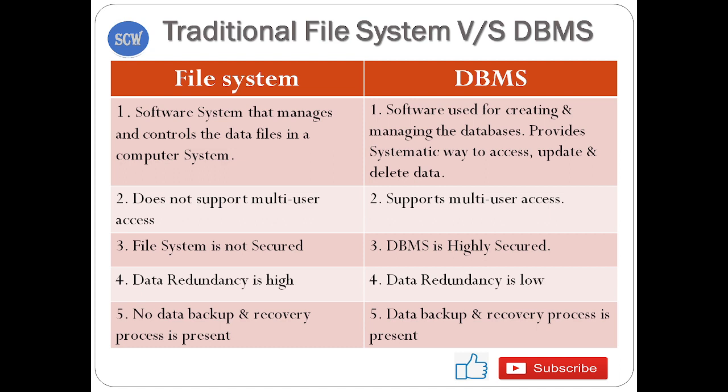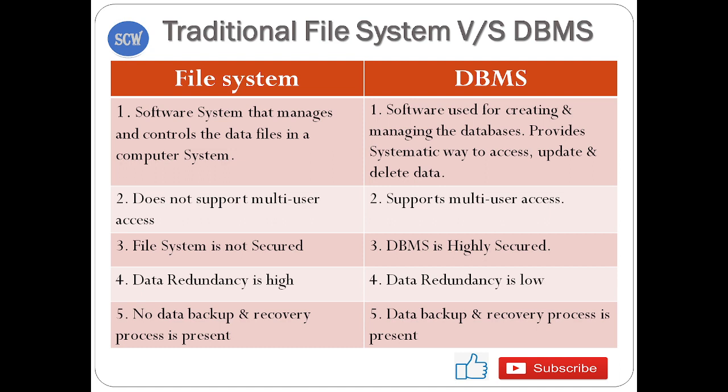And the second one, what is the drawback of the file system? The file system does not support multi-user access. Means in a college, if the librarian wants to access students' records, then he has to take authorization permission from the principal. And only one person can access the data at a time. Not more than one person can access the data simultaneously because there is only one computer, right?